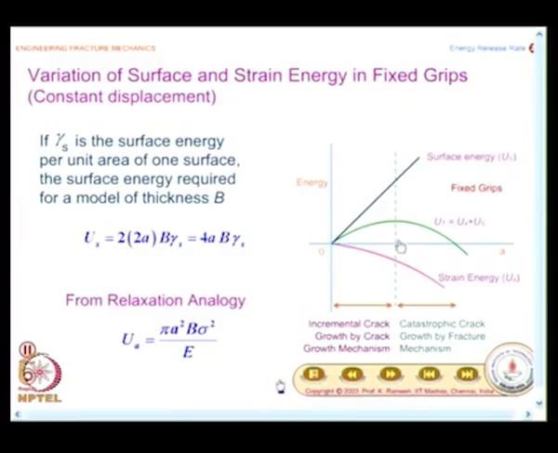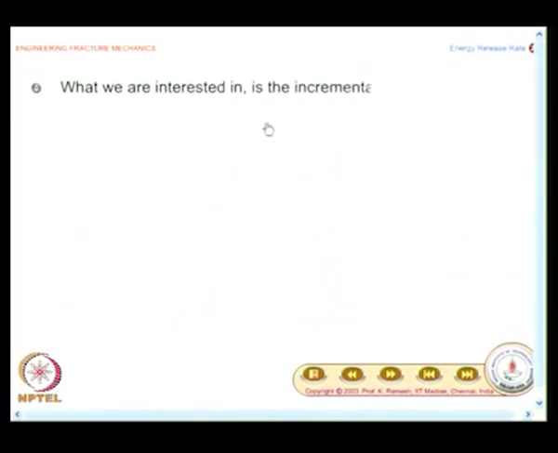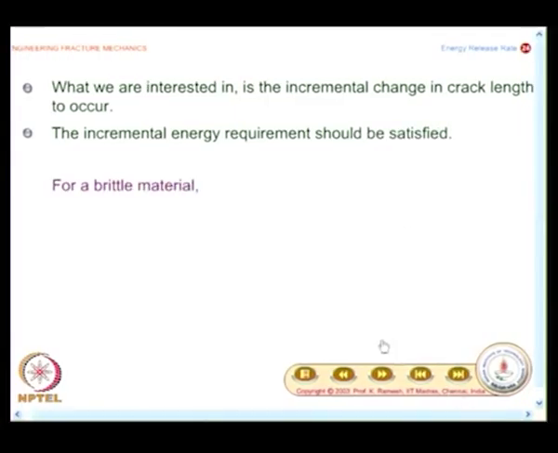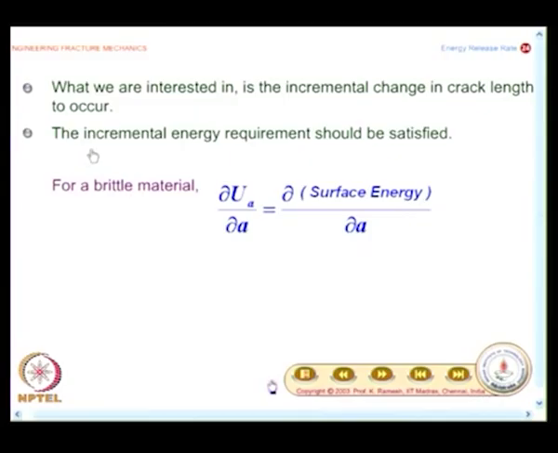So, you are able to find out a critical crack length beyond which the crack would propagate faster, and what we are really looking at is the incremental change in crack length to occur. So, we are really looking at that the incremental energy requirement should be satisfied. Mathematically, how will you write it?